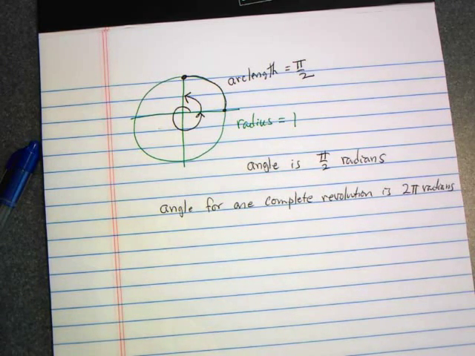So anytime I ask you about pi over 3, back in chapter 5 we were calling that an arc length. Pi over 3 is also the equivalent radian measure of the angle that you get. And then we had things like 5 pi over 6 and negative 3 pi over 2. All those arc lengths that we were dealing with are exactly the same as the radian measure. So we've been using radians from day one, we just never called it that.